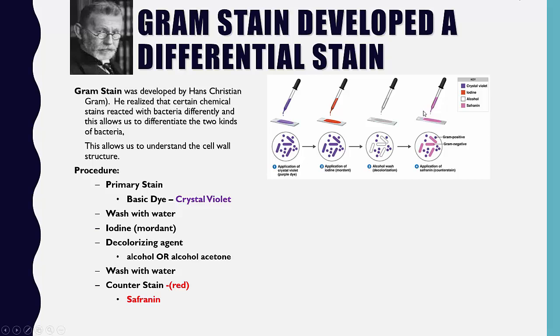So that scientist said, let's add a different color for contrast. He added a red safranin. And so all the cells that were washed out before, decolorized, now look red. The ones that held on to the crystal violet are considered gram positives. The ones that did not are considered gram negatives.